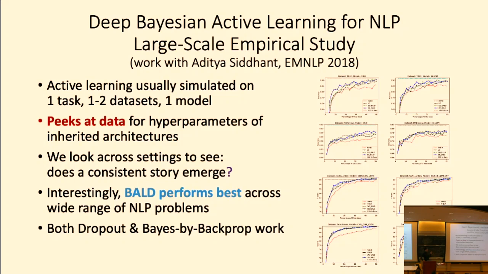For every task, data set, model, and random seed, let's choose our hyperparameters only using the warm start data that is available. That's the data that's going to determine the number of layers, the number of nodes, the learning rate, whatever. And what I was expecting to see is basically just a giant bomb dropped on active learning, saying it doesn't work, let's move on.